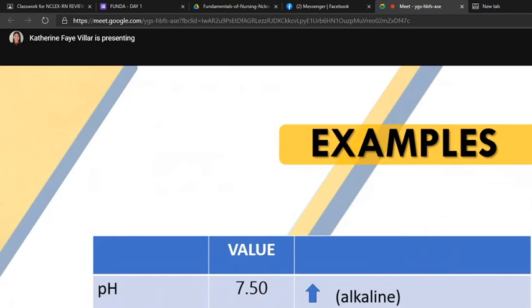So, the interpretation in this ABG sample is metabolic alkalosis and compensation.